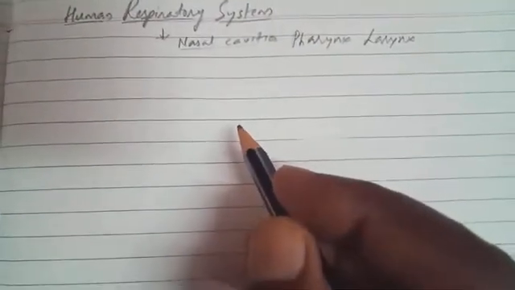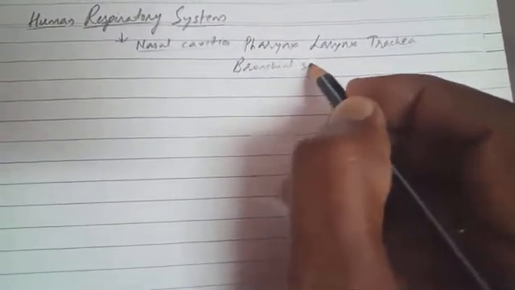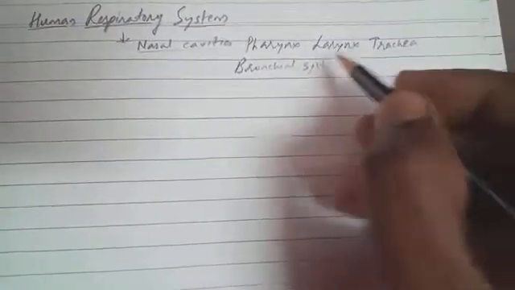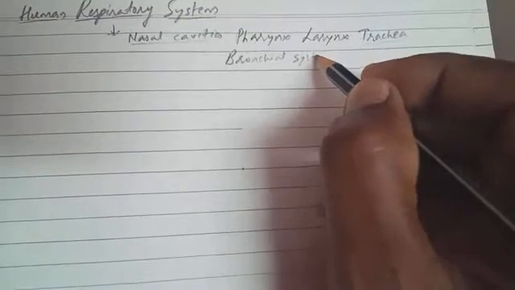Next you can take the trachea, so here you can mention it as trachea. Next, the primary bronchial system, you can consider the bronchial tree. Instead of bronchial tree, I'll choose here bronchial system.